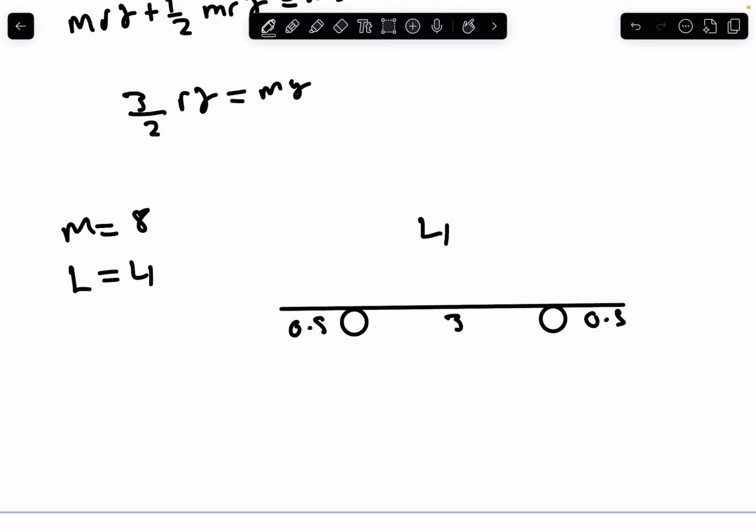It states a person of mass 60 kilograms walks from the center toward one end. So he's walking either left or right, doesn't matter. At what distance from the center will the plank begin to tip? Very nice question. So he's walking towards one end.